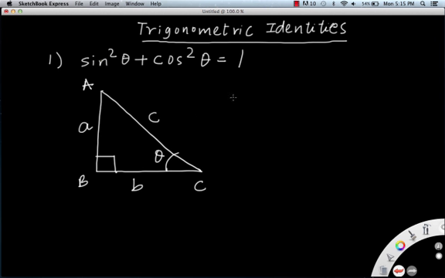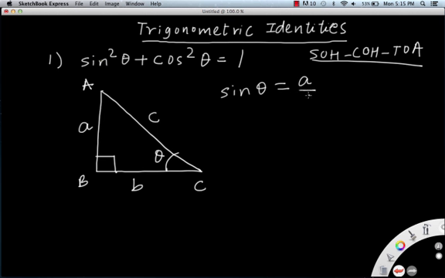From this triangle, we know that sine theta is equal to, remember our magic mantra, soh cah toa. Sine theta is opposite by hypotenuse. So the opposite side is a, the hypotenuse is c.